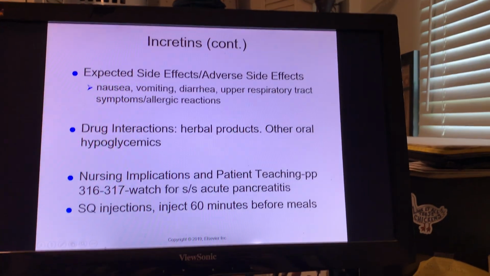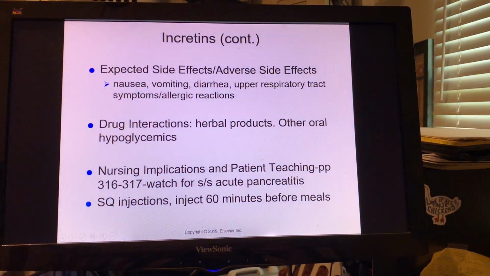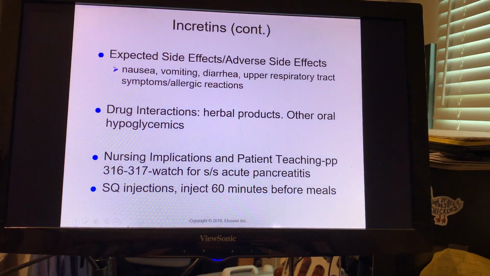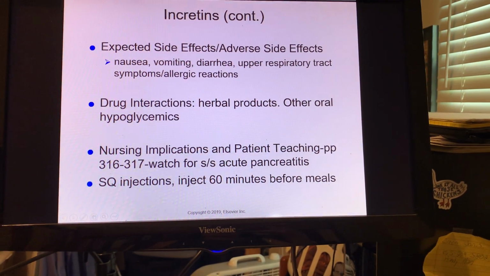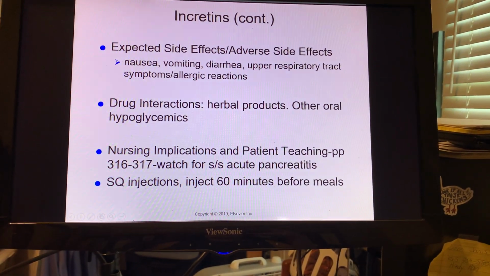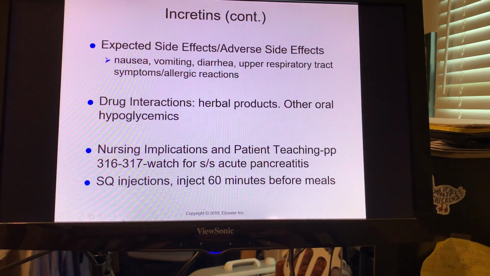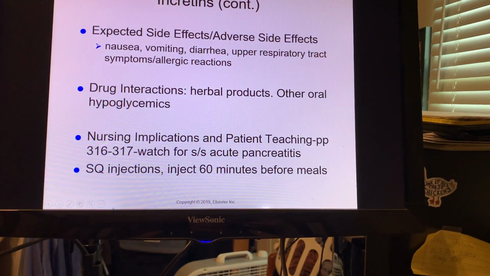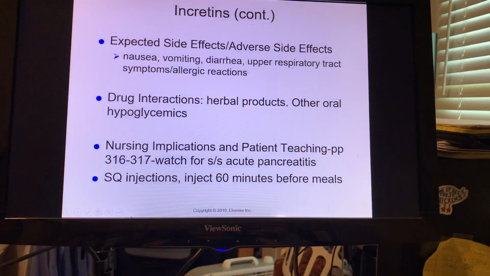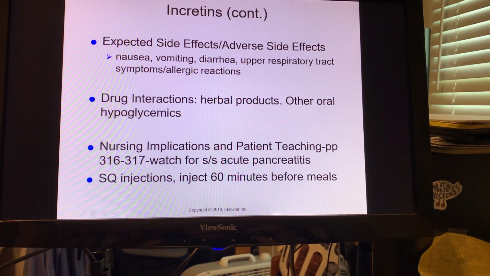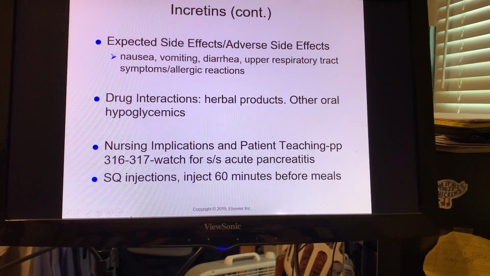Expected side effects, you see GI stuff. You might have some upper respiratory tract symptoms for some strange reason, and possible allergic reactions. These drugs don't interact well with certain herbal products and other oral hypoglycemics. And you can imagine, of course, hypoglycemia.